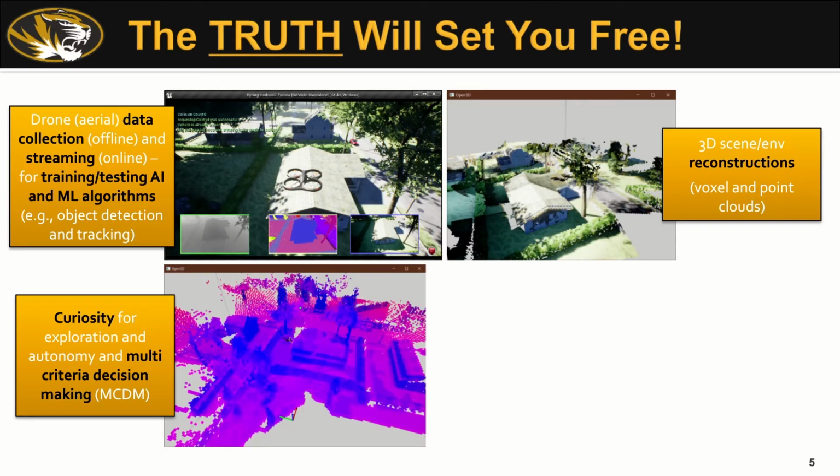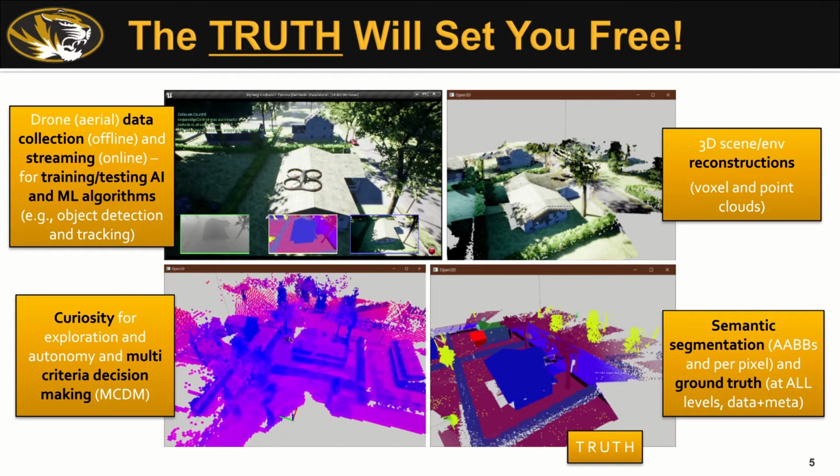We can look around and try different autonomy algorithms and multi-criteria decision-making algorithms, things that explore a space but take into account different factors. We can use this for semantic segmentation, where we can automatically label objects in a scene. We can also get ground truth for all different types of things that you might imagine in a scene. Since it's all simulated, we can just obtain that information.